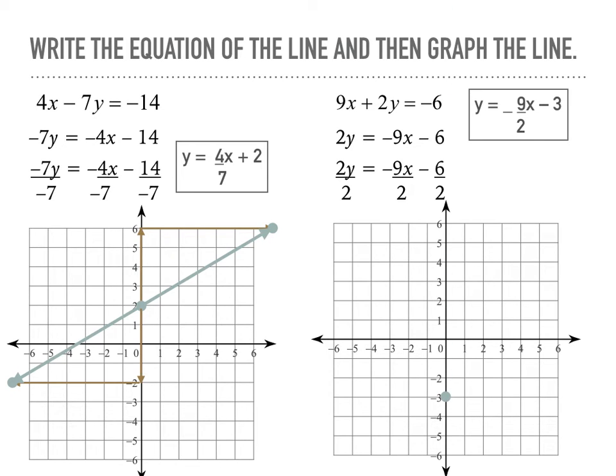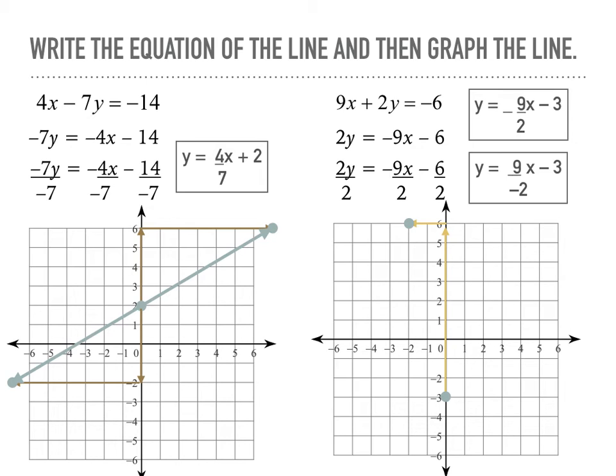And typically, if the slope is -9/2, I would go down 9 and to the right 2, but there's not enough room on my grid, so let's rewrite the slope-intercept form this way, keeping the negative sign with the denominator. So when I graph, I'll go up 9 and to the left 2, and there's my second point.